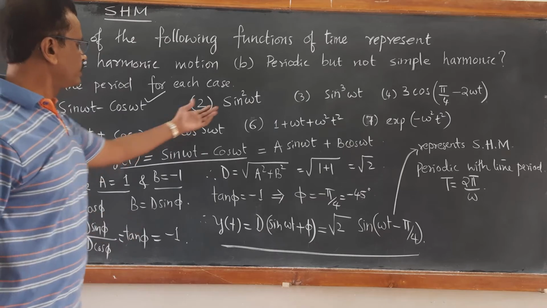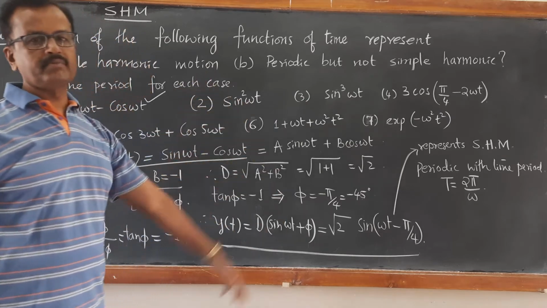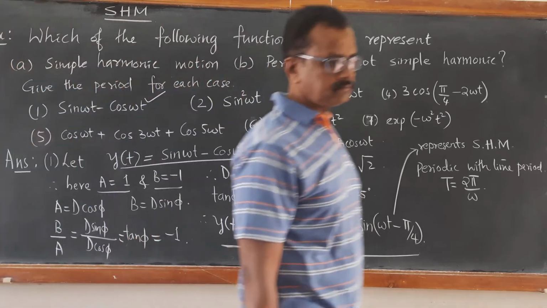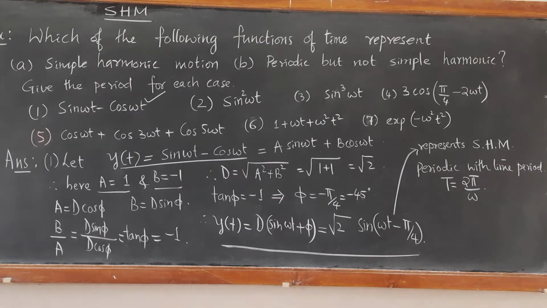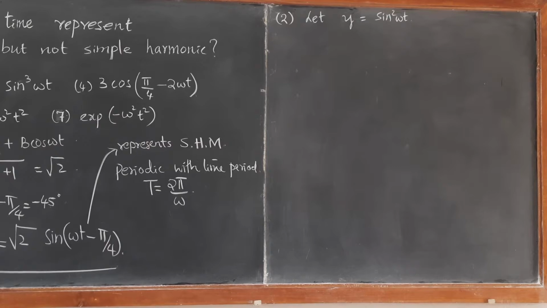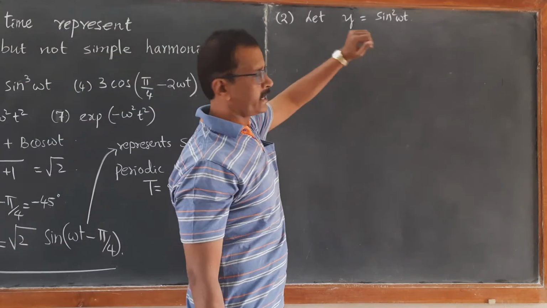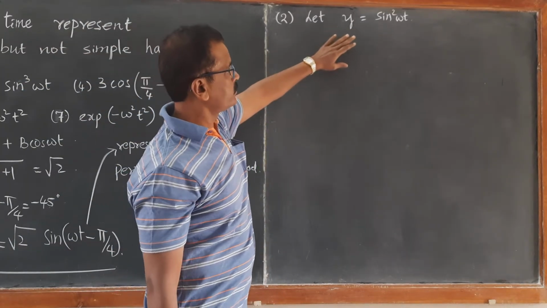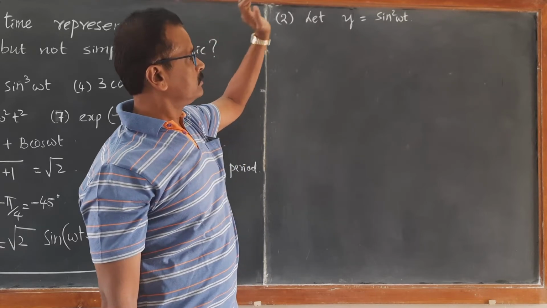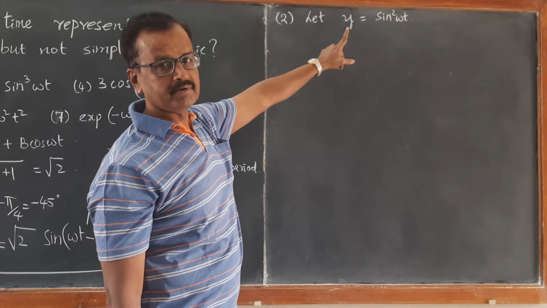Now in the same way we can think of sine square omega t. We should be knowing all those trigonometrical identities, then only we will be able to solve such problems. Let us see the second problem. y is equal to sine square omega t, right? Sine square omega t can be written using the cos double function.